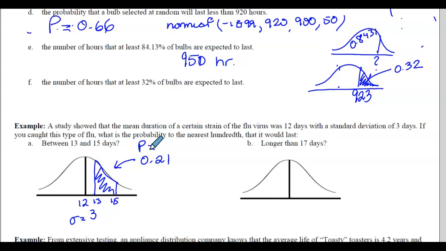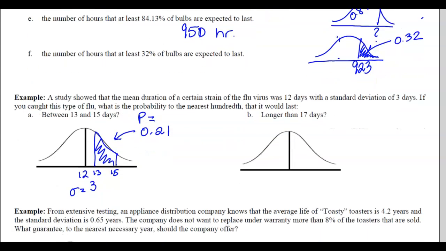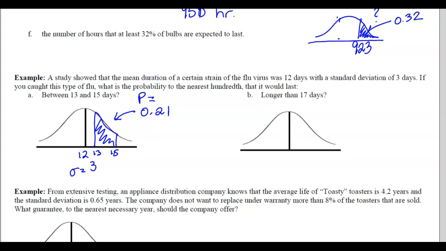So I didn't write it out. You're going to have to write it out in a written response, but my Epson Warren is struggling, so it's a little bit easier. Longer than 17 days, so again, it's 12. Standard deviation is 3. 17 days would be maybe about there.